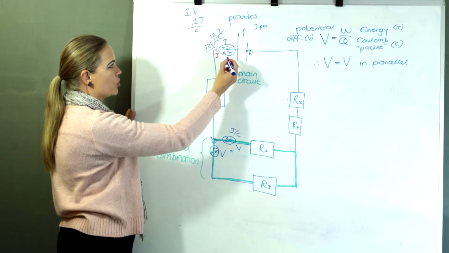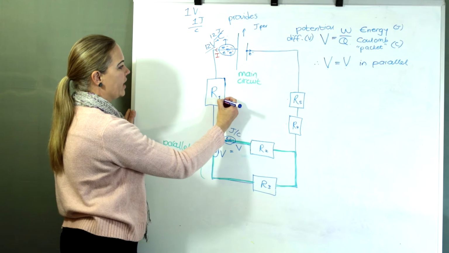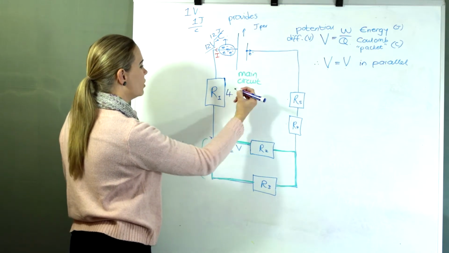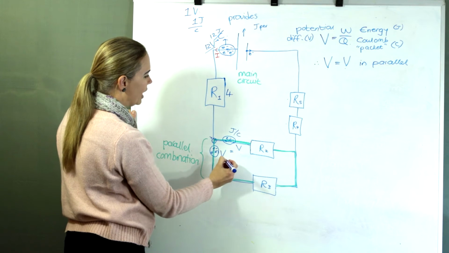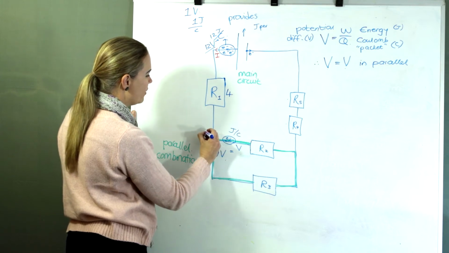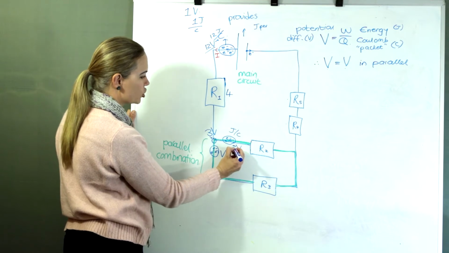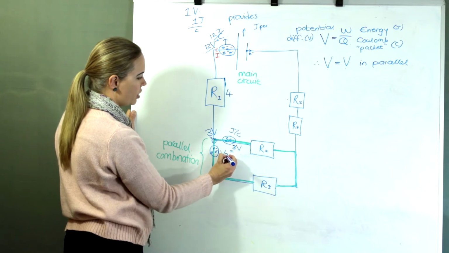So we have a 12-volt battery. In this first resistor, 4 volts will be used. For the parallel combination, 3 volts are available, which means that the top branch gets 3 volts.